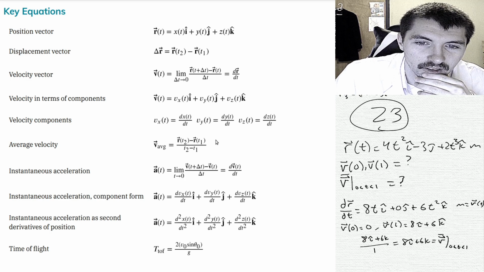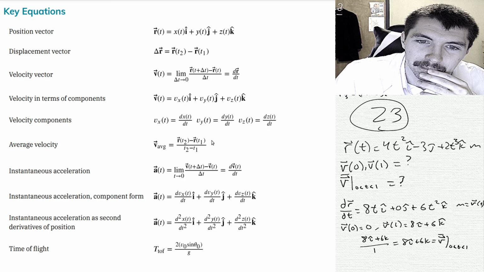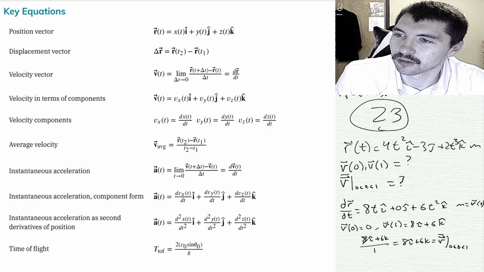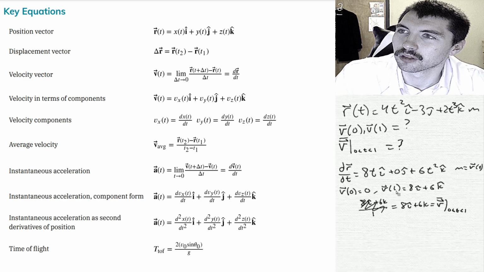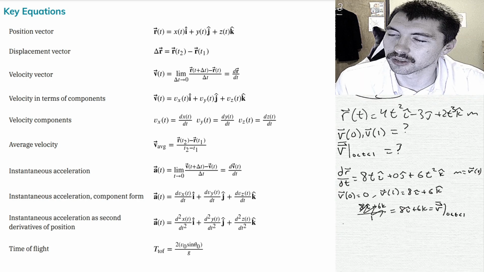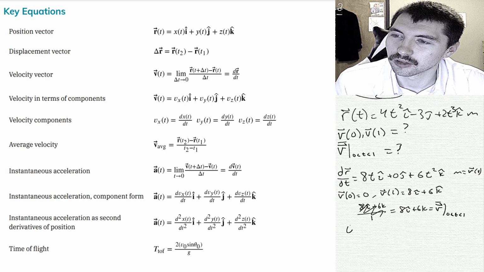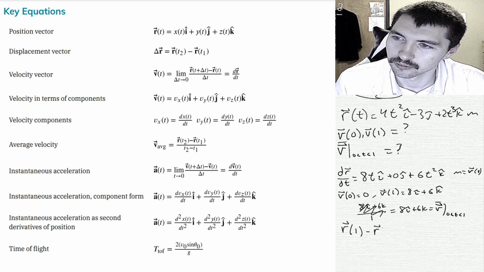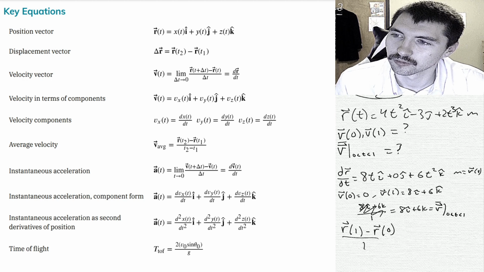Hmm. Okay. Maybe we should be doing, so this is R of T, not V. This is R of 1 minus R of 0, over 1.